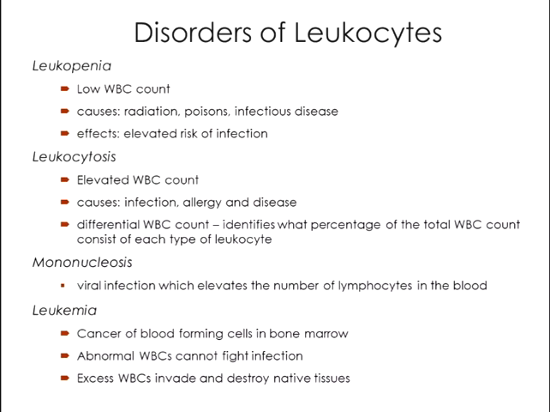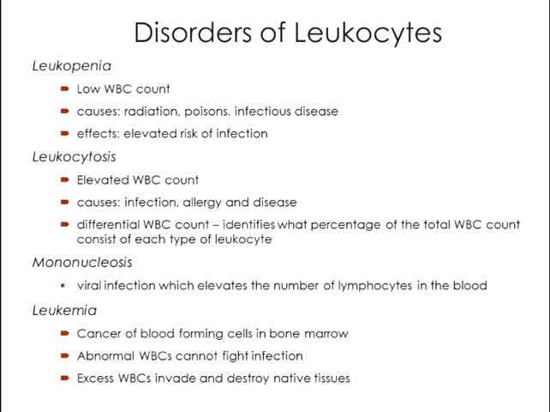It's also why people going through chemotherapy or radiation therapy may want to store their gametes, whether that's sperm or egg, because there's a possibility that they become sterile after chemotherapy or certain types of radiation. Certain poisons can cause leukopenia, as can certain types of infectious disease, and I have a slide coming up that will highlight some of those.